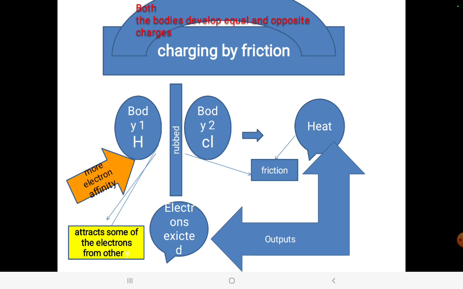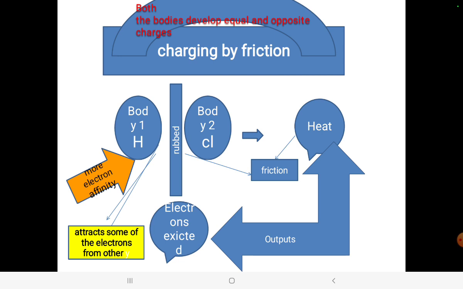So by this, because of the generation of some heat energy by friction on a rough surface, the charges will react in that particular atom. Because I am supplying heat energy through the friction, this heat energy gives some additional energy to stimulate the electrons in that atom.